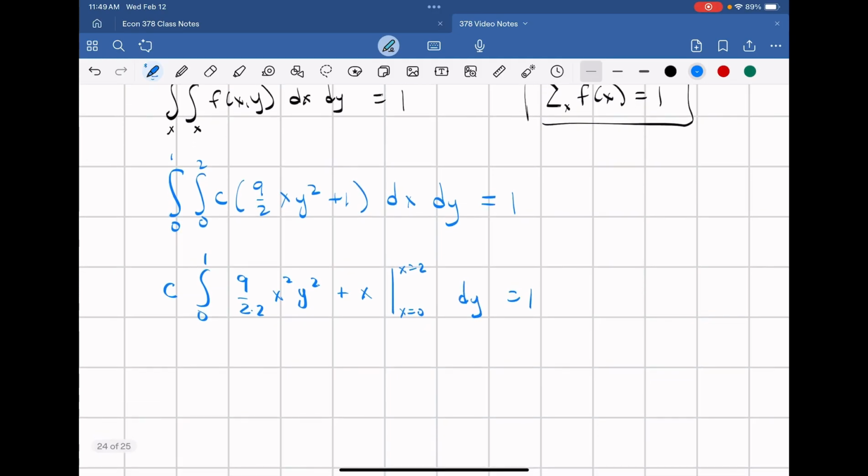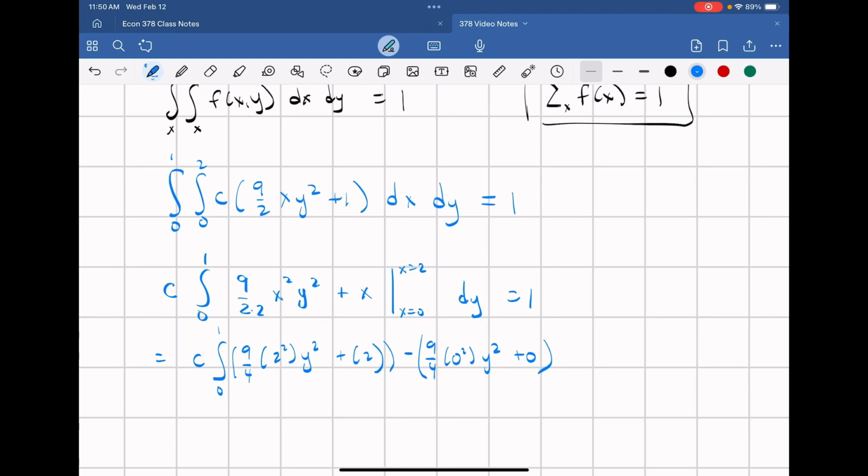So now as I evaluate this, I plug in 2 for x. So this is c times, I still have the integral of y, 9/4 times 2 squared, y squared, plus 2. That whole thing minus 9/4 times 0 squared, y squared, plus 0.